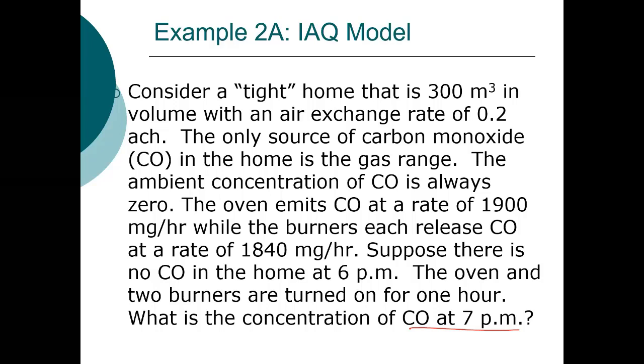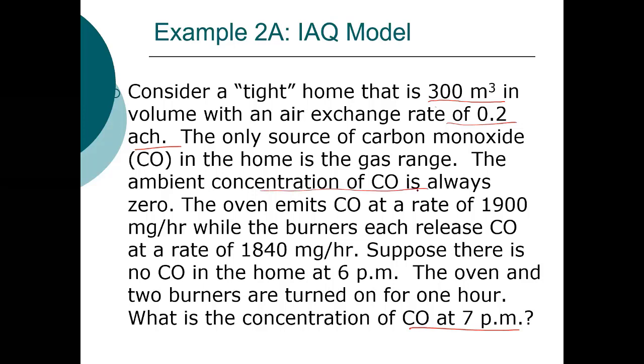So we'll consider a tight home that is 300 cubic meters in volume. We have an air exchange rate of 0.2 air changes per hour. The only source of carbon monoxide in the home is the gas range.